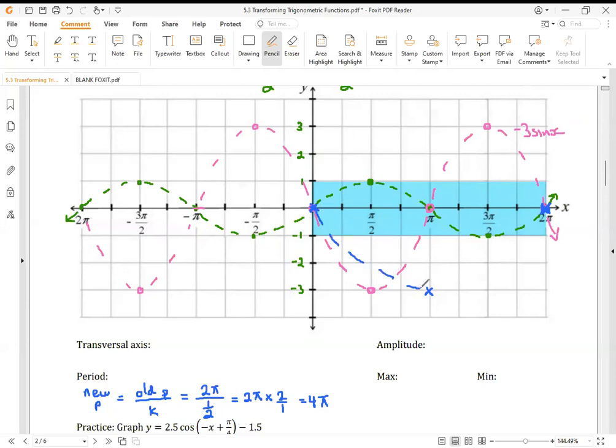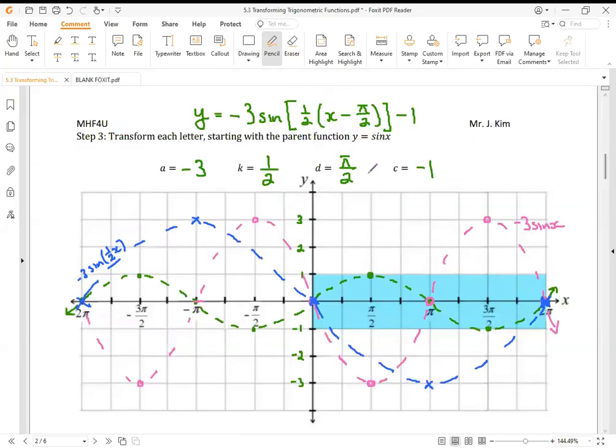Again, just very loosely, it should be like that. And on the left side too, negative pi over 2 times 2, negative pi times 2, negative 2 pi. I have just enough space for one cycle, going up and going down. And so this is negative 3 sine half x.